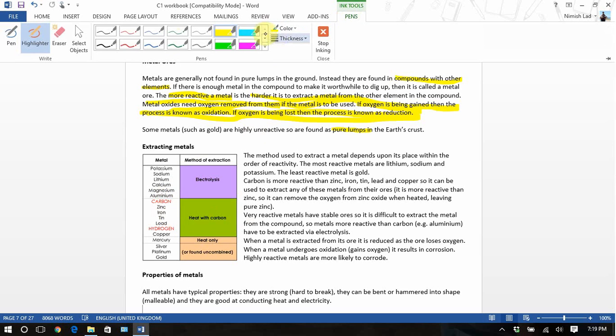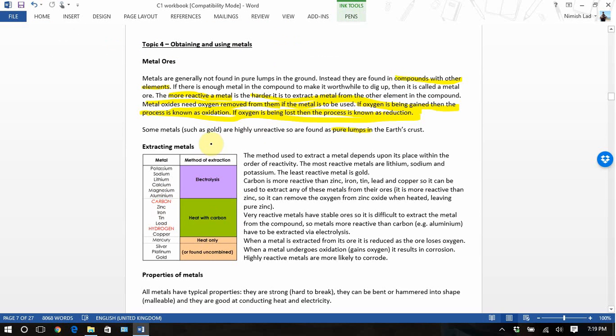Let me see if I can write that. So if I've got iron oxide plus carbon, that's going to lead to, if I heat it up, carbon dioxide plus iron, because the carbon is more reactive than the iron, so it takes the oxygen away. The iron oxide has been reduced, it's lost oxygen. The carbon has been oxidized, it's gained oxygen.